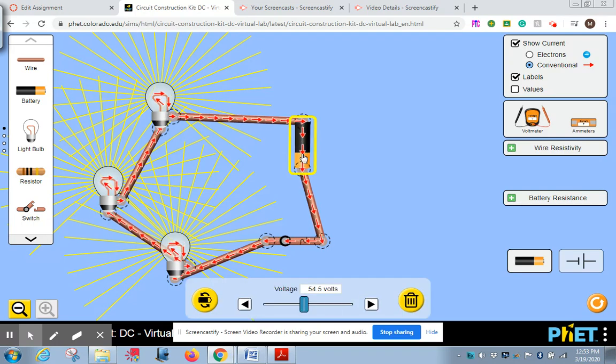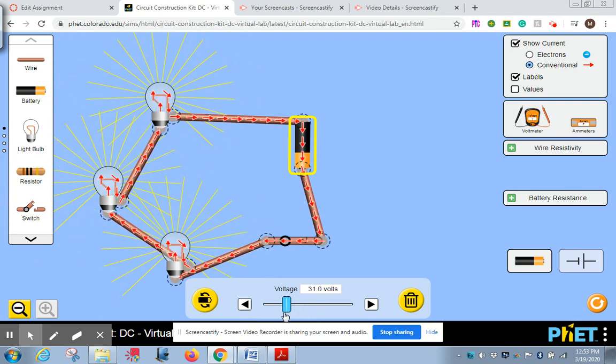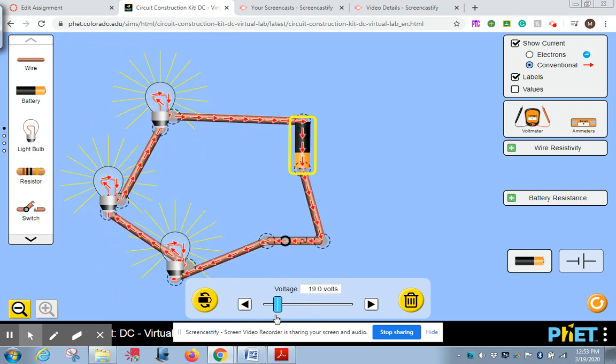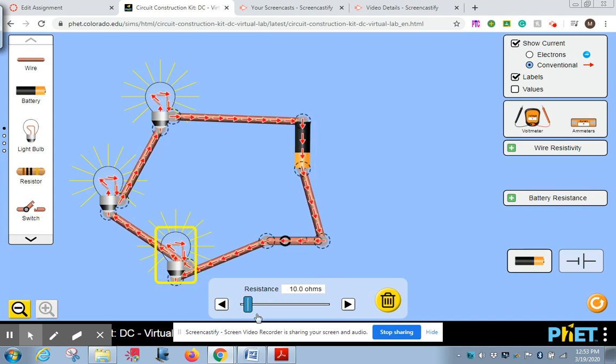Okay, let me go back to reducing the voltage of the battery to, I guess, 15. And then I can change the resistances of each bulb. So think about the relationship between power, current, and resistance in a series circuit. P equals I squared R. We know this is series, so current is constant everywhere.